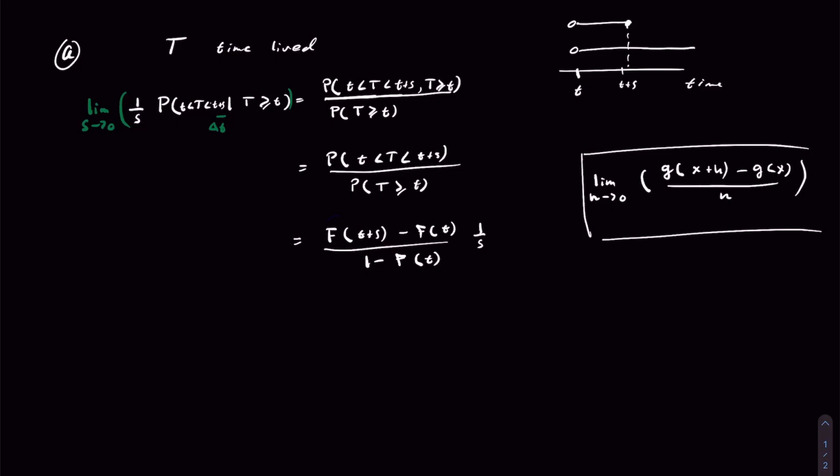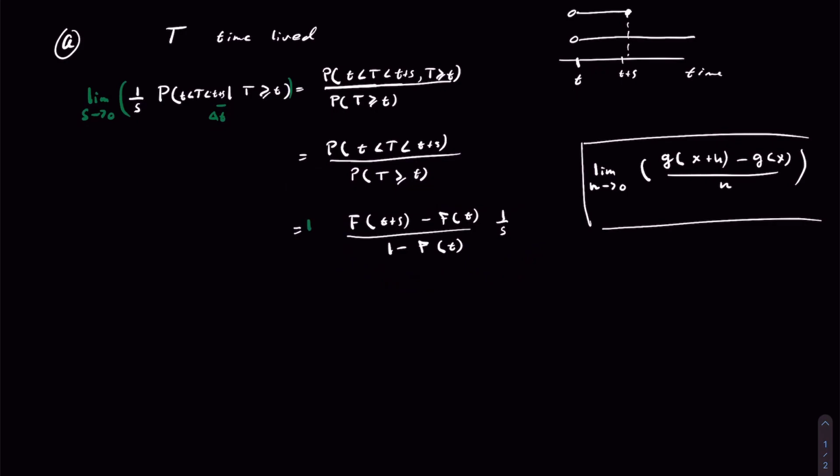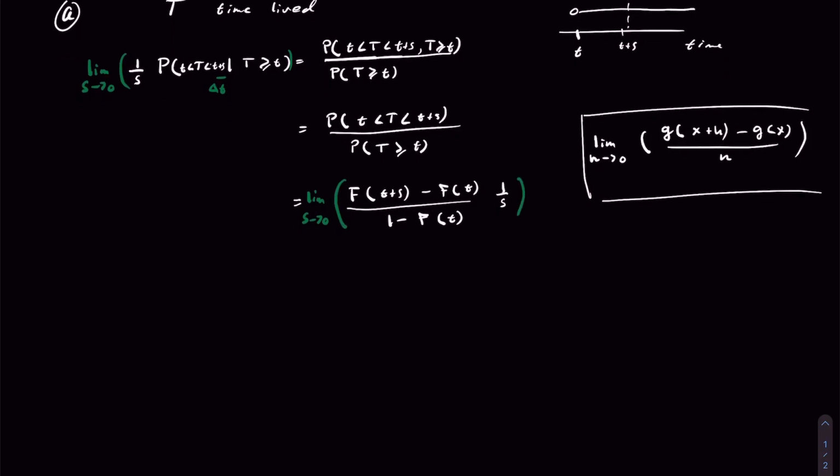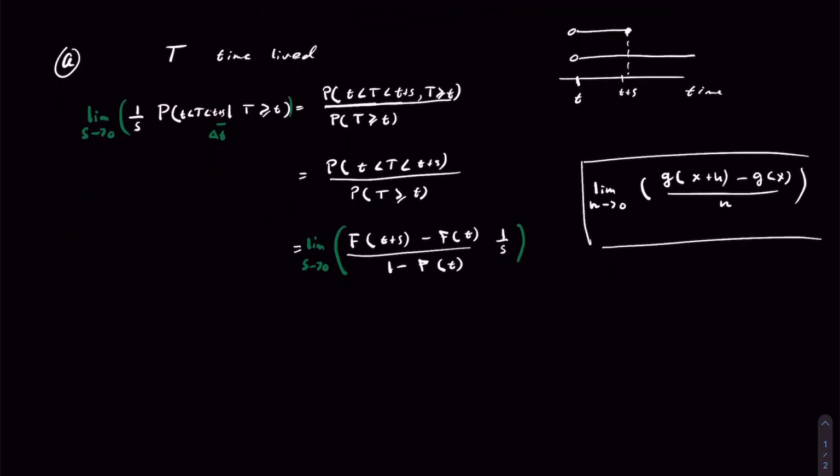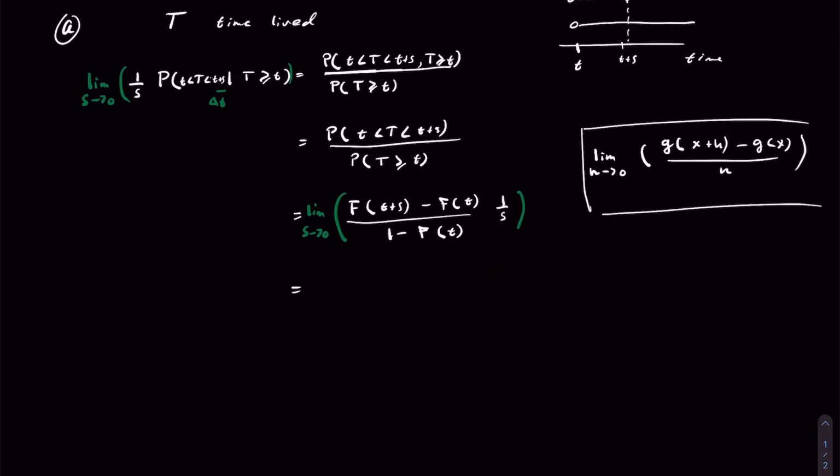And if you look up in textbooks, this is actually another way of defining the hazard function. Let's now just proceed by calculating through this and see what we get.